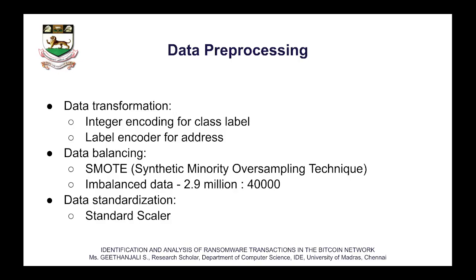Hence we are using SMOTE, or synthetic minority oversampling technique, to try to balance the data before working on it. And of course, data standardization is applied by using a standard scaler to standardize the data.